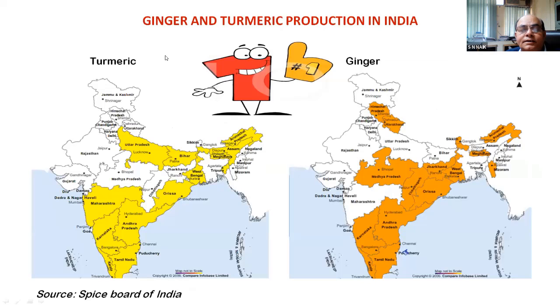You can see India is the major producing country of turmeric. The yellow portion shows where we grow turmeric in most of the states, and this is from the Spices Board. Similarly, ginger is also produced in many states.